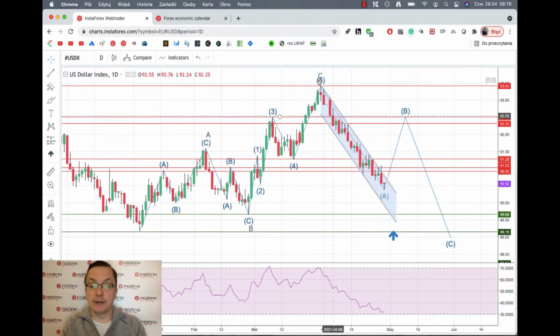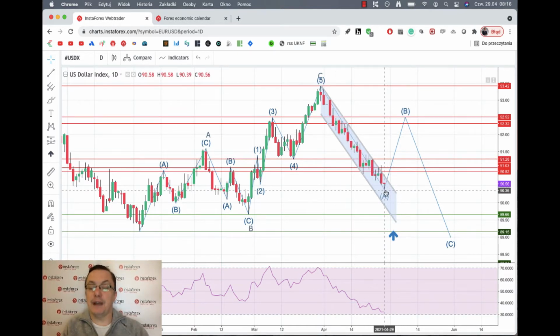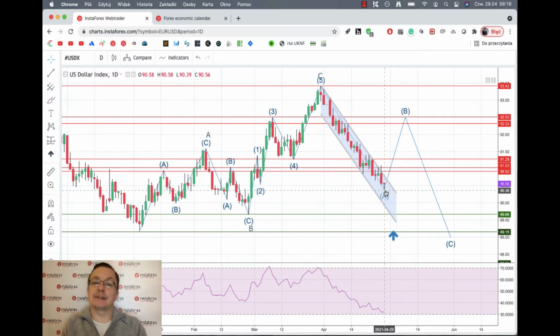This move down inside of this channel, labeled as a wave A, might be labeled as a wave 1. So this is 1 or A, 2 or B, 3 or C. We will see at the end, when this move is completed, what exactly the correct labeling is.